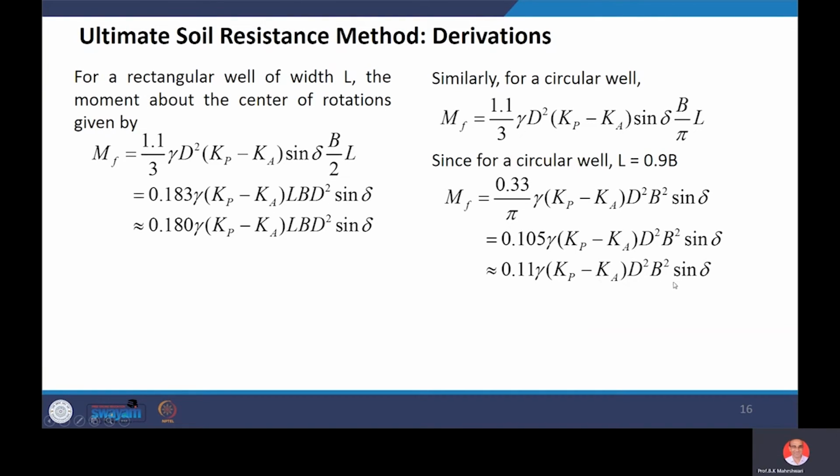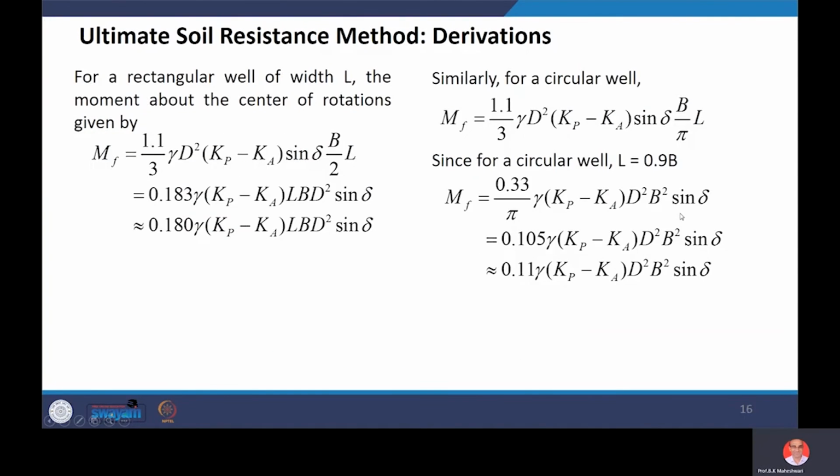This was for a rectangular valve, and when you put L equal to 0.9 B in this equation, the equations become those for the circular valve. So this was for the circular valve, and the top one is for the rectangular valve.